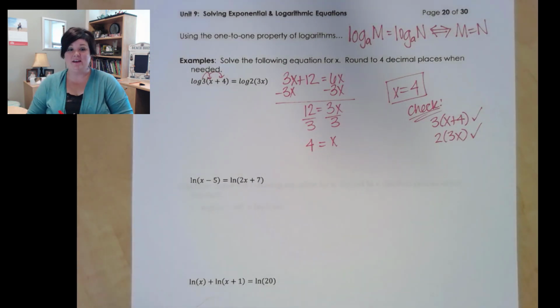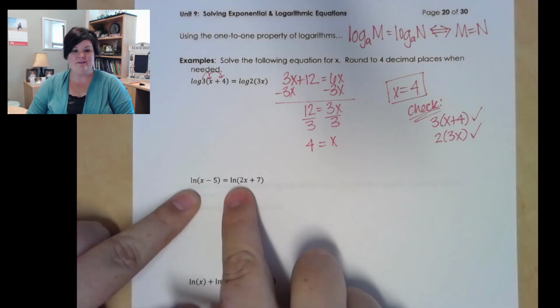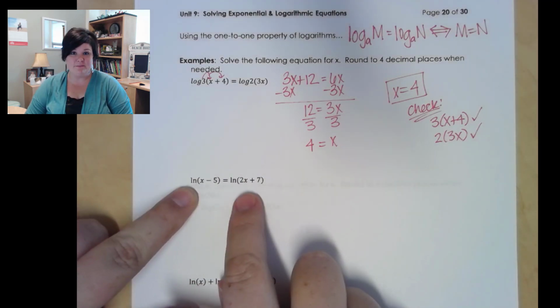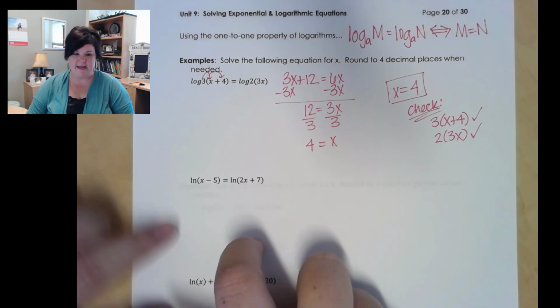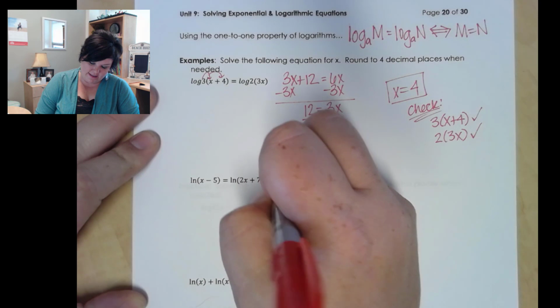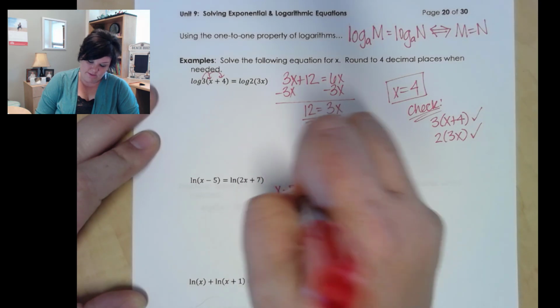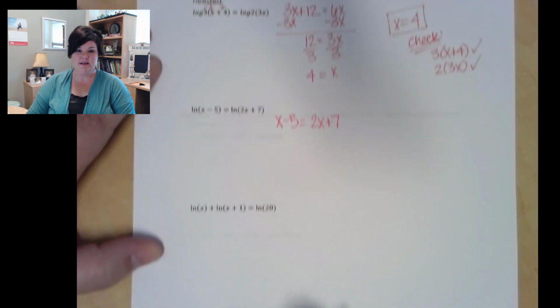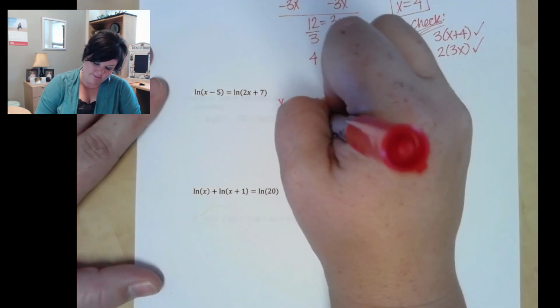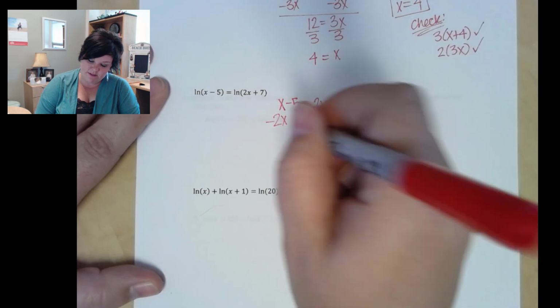Okay, let's go ahead and look at another one. Same thing here. I have ln of something equals ln of something. That's a true statement with no coefficients. So I can just drop the ln's. And I'm left with x minus 5 is equal to 2x plus 7, which I can easily solve, right? I just go ahead and move my x terms to the same side.